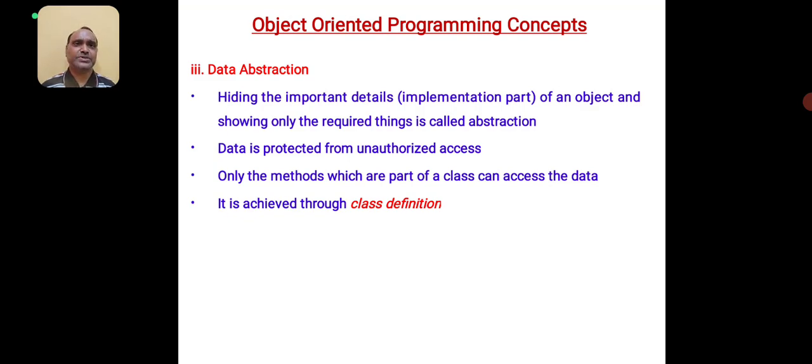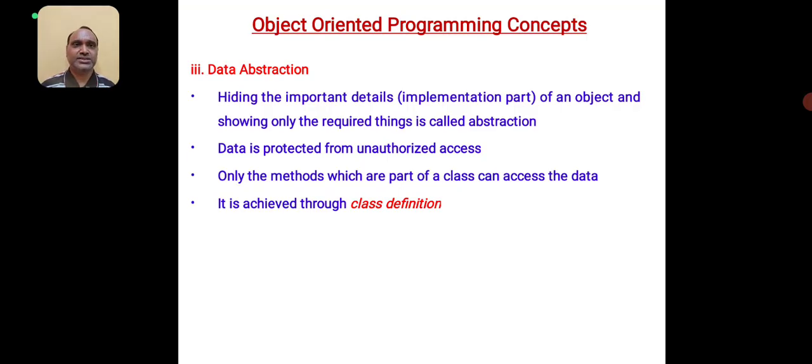So how is this data abstraction implemented? Data abstraction is implemented using the class definition. Previously we have defined a class using the keyword class followed by the class name. Inside the opening and closing curly braces, we have defined variables.